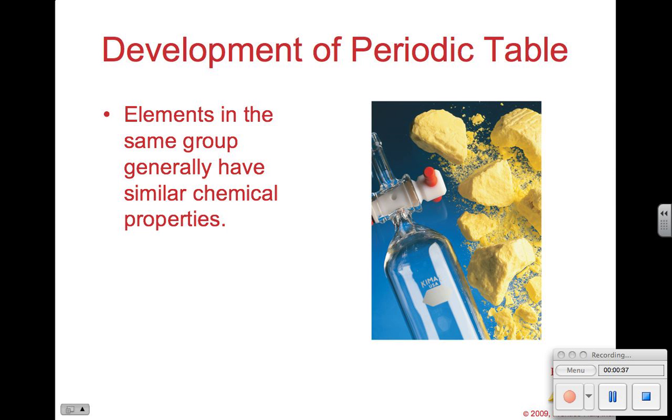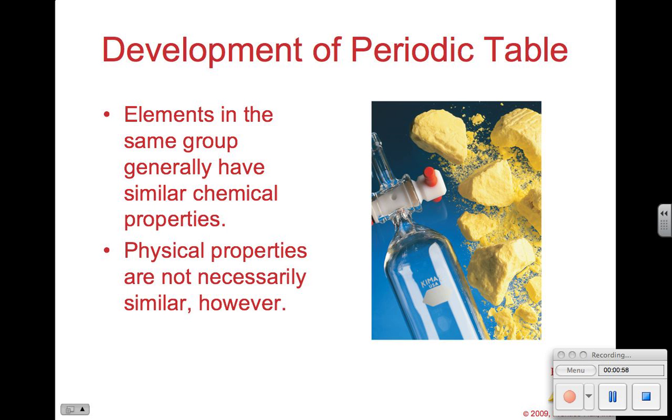So when we think of the development of the periodic table, early on there were certain compounds that had similar properties, and so organizing those elements with one another seemed a logical step.